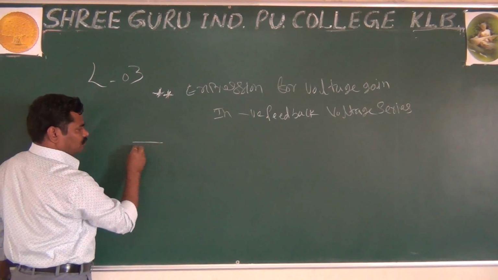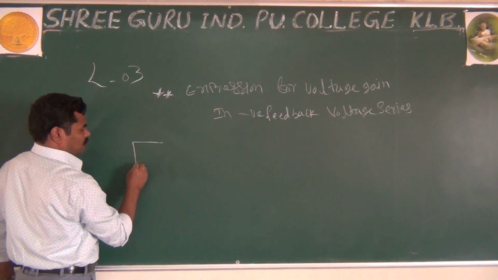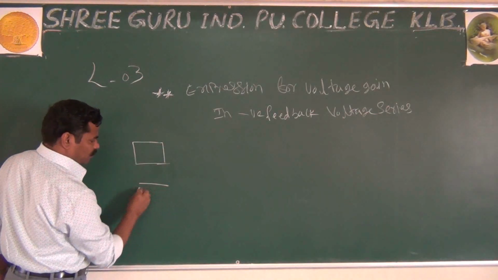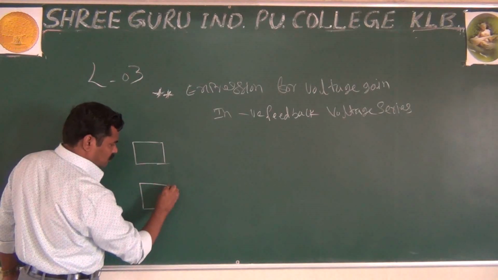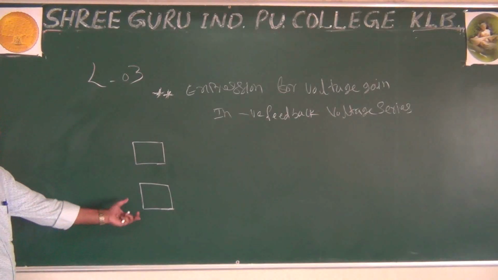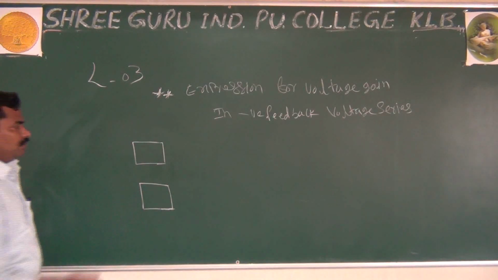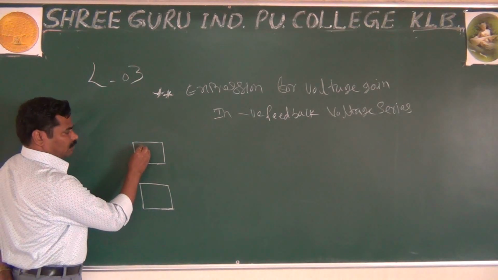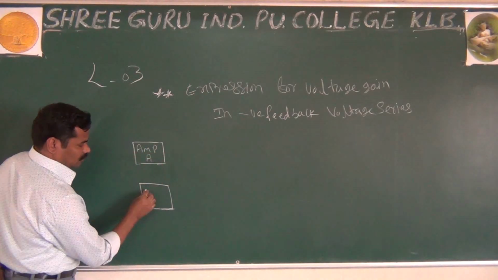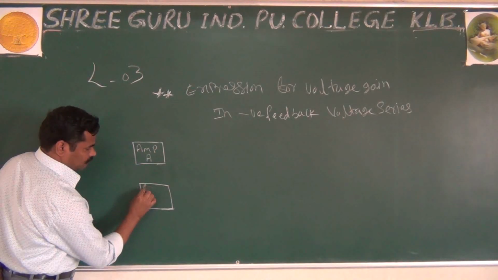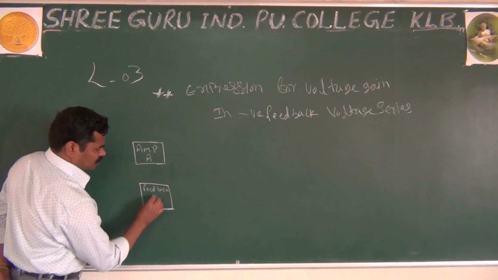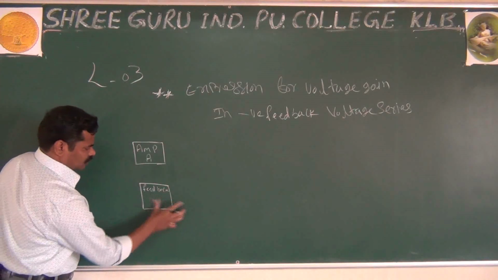As we are going for the voltage series, first you are using the normal amplifier, then you are using a feedback network. This is your amplifier with gain A. This is your feedback network, called beta.